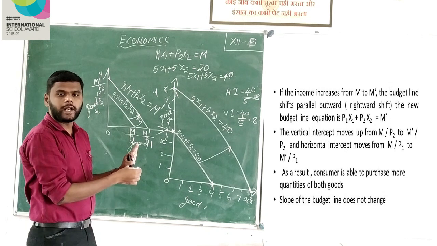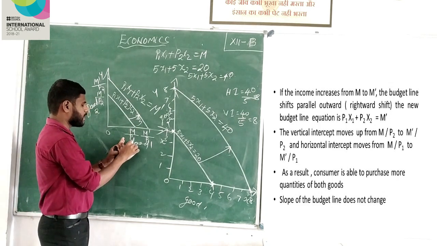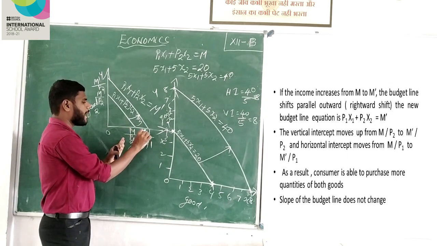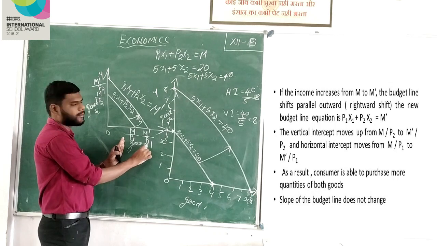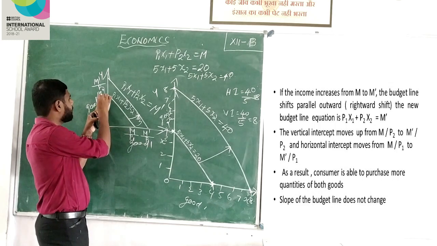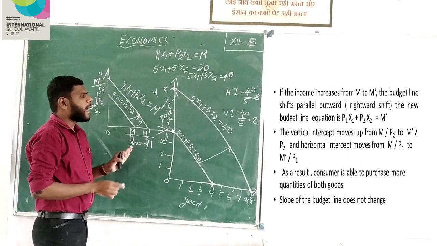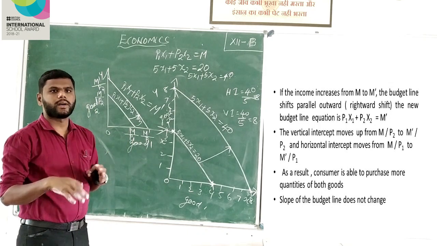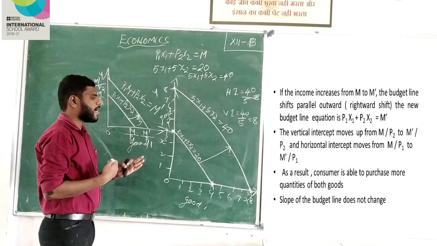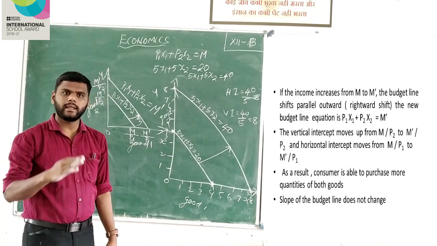What happens to the vertical and horizontal intercepts? The horizontal intercept, M divided by P1, will shift to M dash divided by P1, and the vertical intercept, M by P2, will shift to M dash by P2. As a result, the consumer will be able to purchase more quantities of both goods, and the slope of the budget line does not change. I think it is clear.